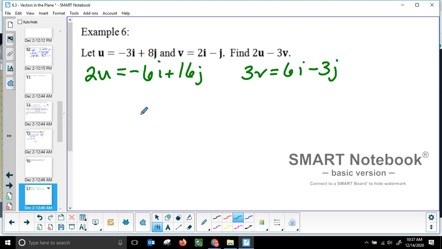All right, so now when you want to subtract these things, so 2u minus 3v, we say -6i minus 6i, so -12i, and 16j minus -3j, so plus 19j. And that's it. We're done, right? So vector operations work the same way whether you have them as a linear combination or in component form.